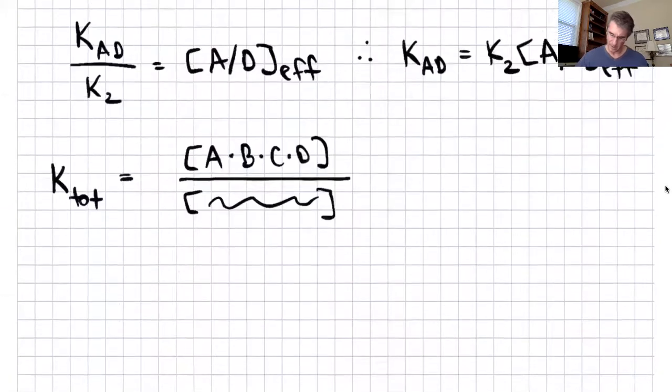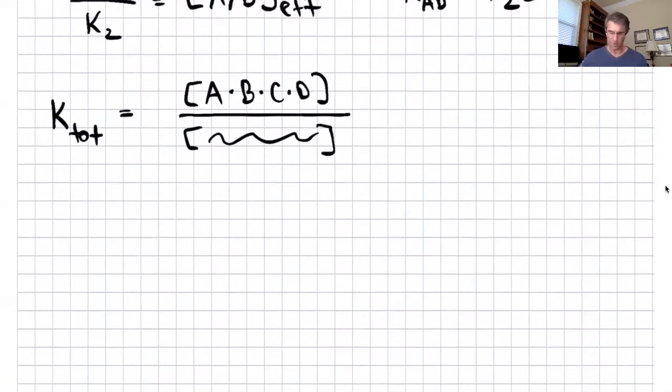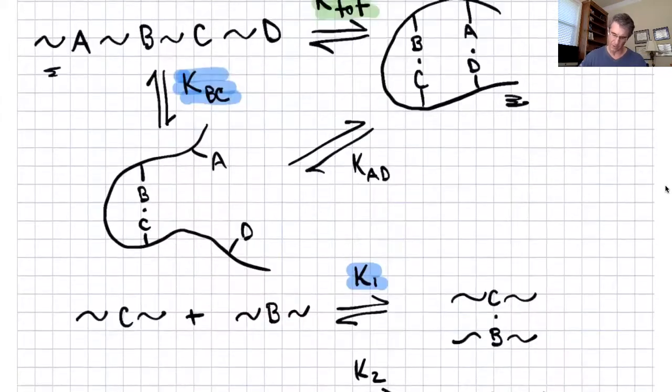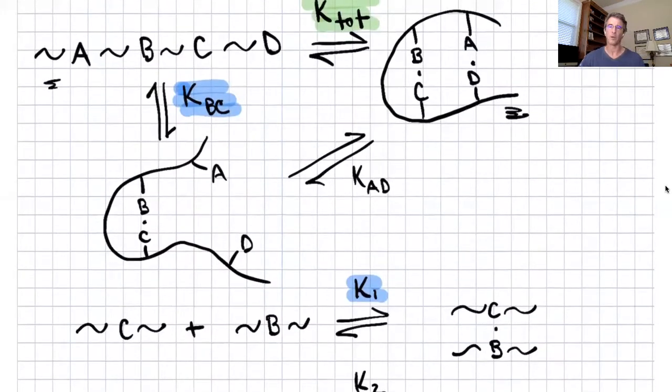Okay, all right. I can also now write down similar expressions for the formation of the individual interactions in the context of the full protein. So KBC would just be the concentration of the protein that's formed the BC interaction only, divided by squiggle. If you look here, I'm just now writing down that equilibrium.